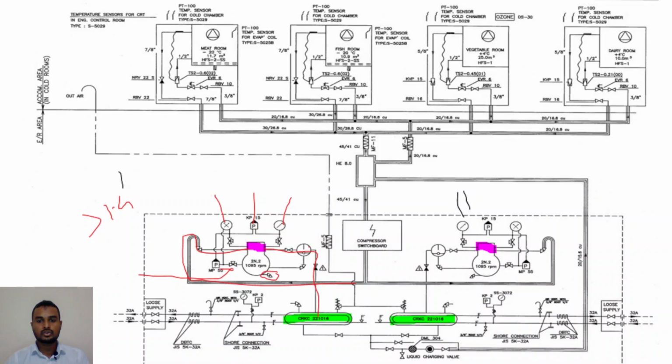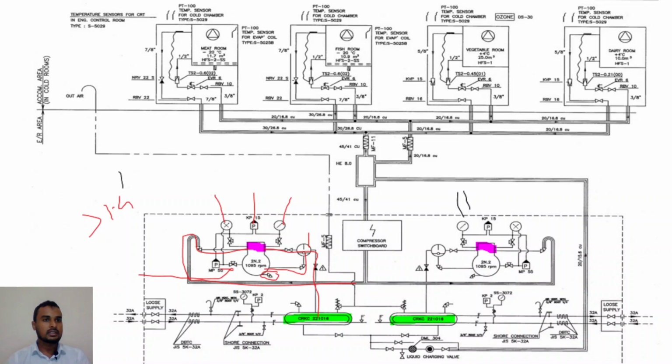The oil separator is mainly used if our system refrigerant has any oil from the compressor, then it separates the oil from the refrigerant, and sends it to the compressor again. Then the refrigerant comes to the condenser.